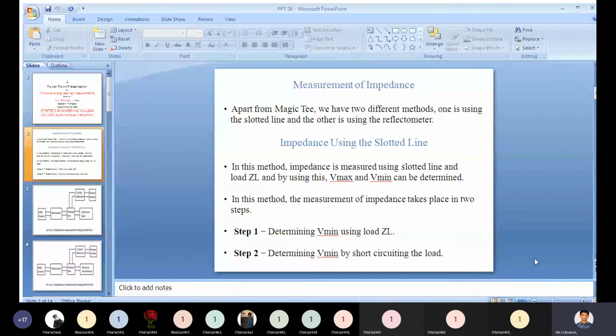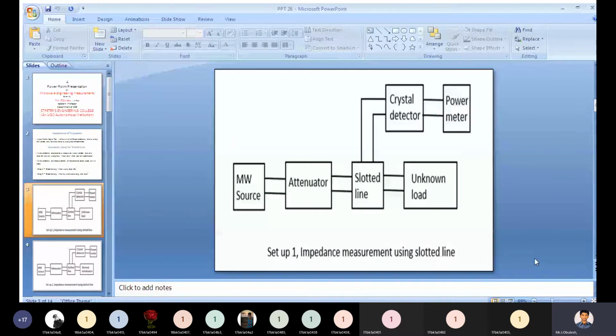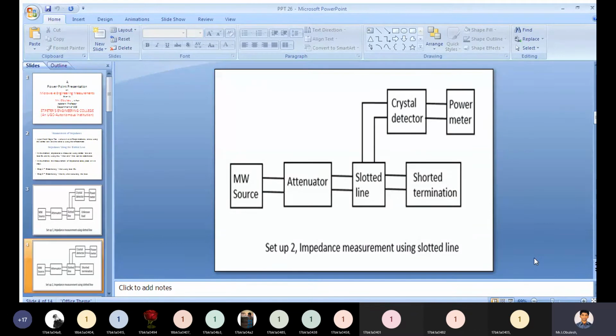You need to see the diagrammatic representation. This is the impedance measurement using slotted line. Next one is step 2. Impedance measurement using slotted line only. This short circuiting the circuit.